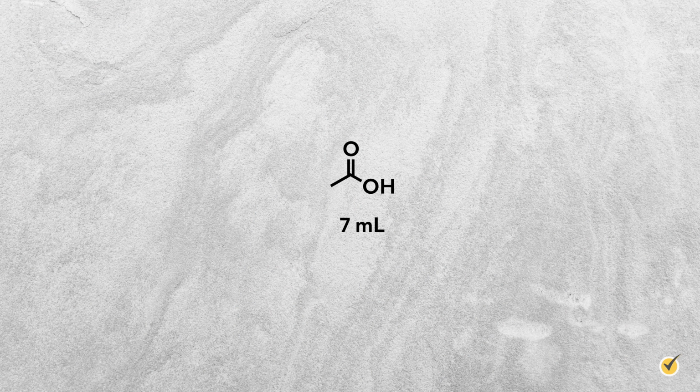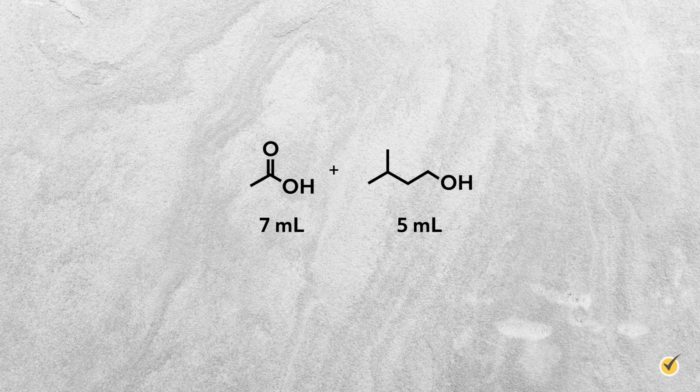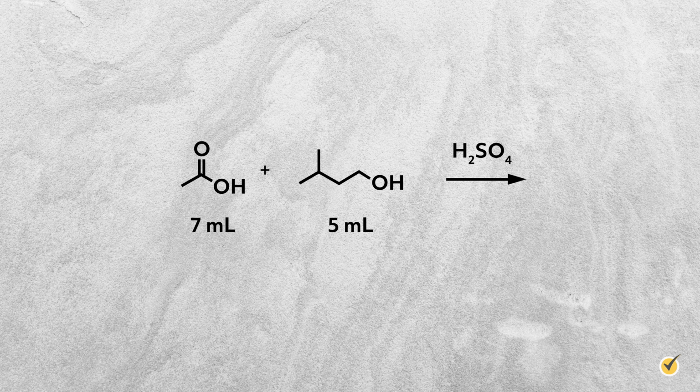So, now that we have these basic definitions, let's walk through an actual synthesis. Say you're going to make isopentyl acetate, commonly known as banana oil, in your organic chemistry lab. You add together the two reactants, 7 milliliters of glacial acetic acid and 5 milliliters of isopentyl alcohol, along with a little sulfuric acid to catalyze the reaction.